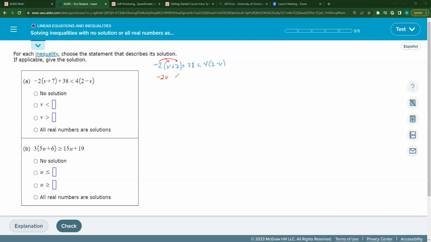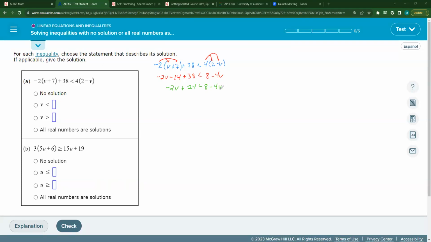A negative times a positive is negative, and 2 times 7 is 14, so minus 14 plus 38 is less than, and then distribute over here. 4 times 2 is 8, and 4 times negative v is negative 4v. Combine like terms, we have negative 2v plus 24 is less than 8 minus 4v.